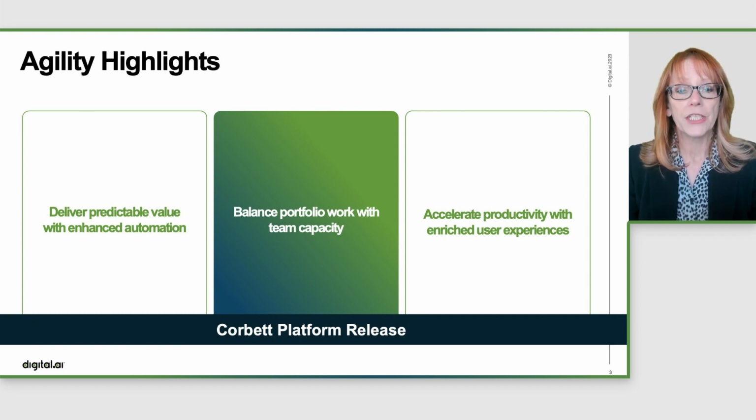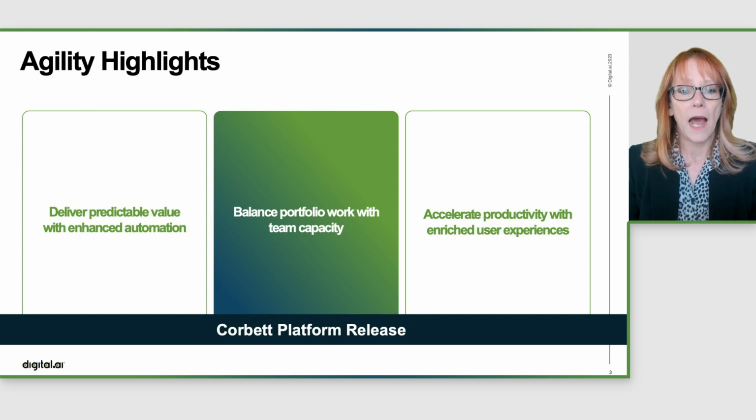Like all of you, the Agility team focuses on delivering incremental value to our users during every release. For Corbett, we focused on 3 areas, all of which enhance overall user and product experiences in some form, as well as provide an increased level of visibility into the flow of value. Our first highlight centers around enhanced automation to support capacity planning efforts at the portfolio level.